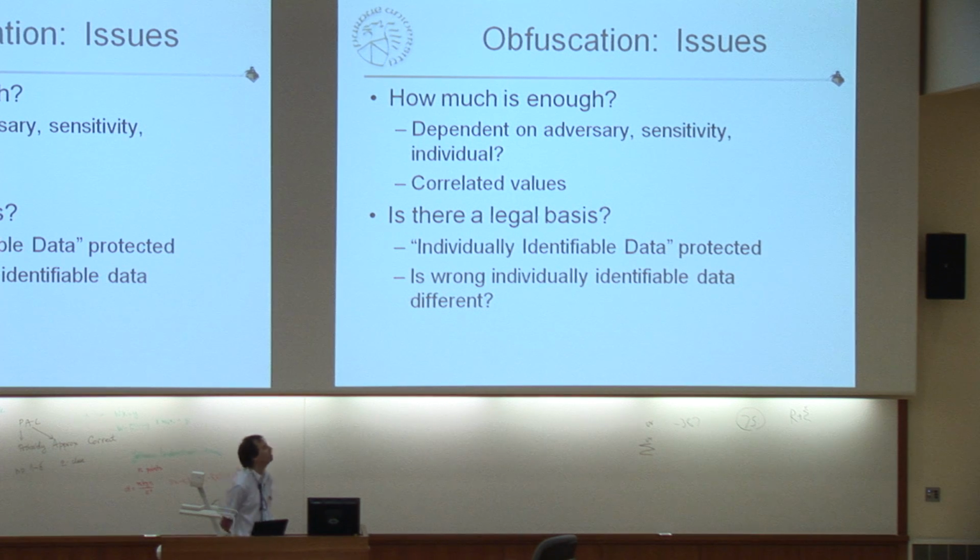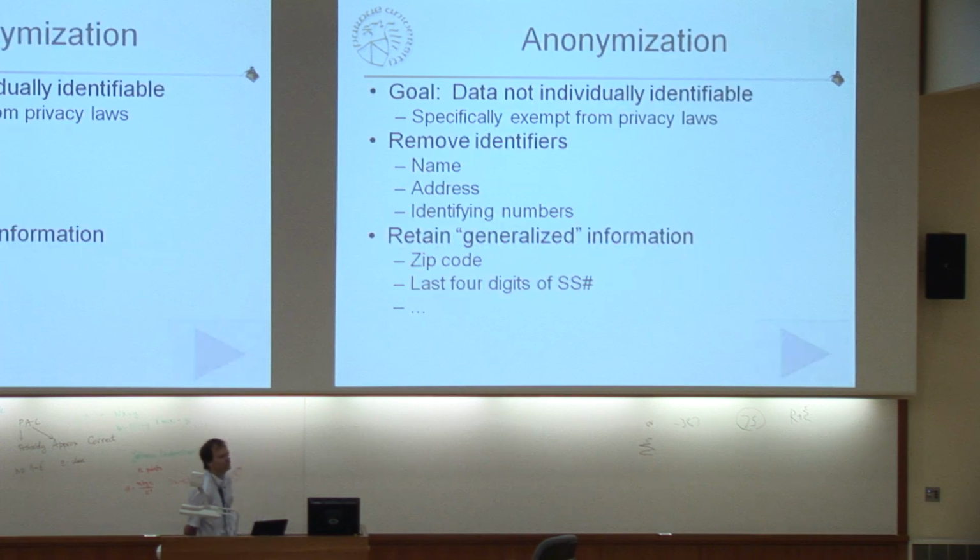That's kind of unexplored. A second approach is anonymization. The goal here is that data is not individually identifiable and therefore exempt from the privacy laws. So you remove identifiers, and also some things you would generalize. So like, you might have zip code instead of full address.